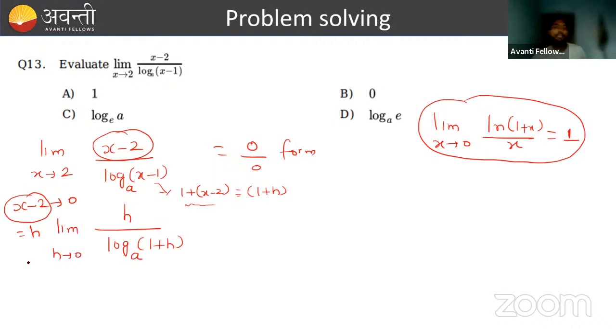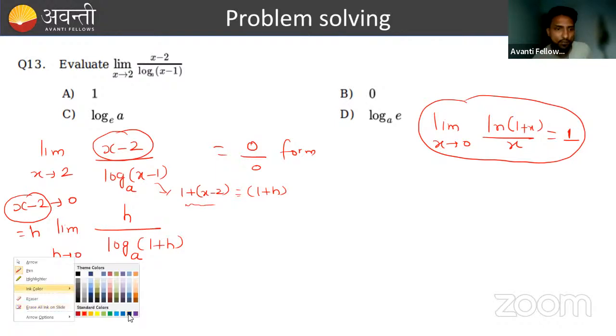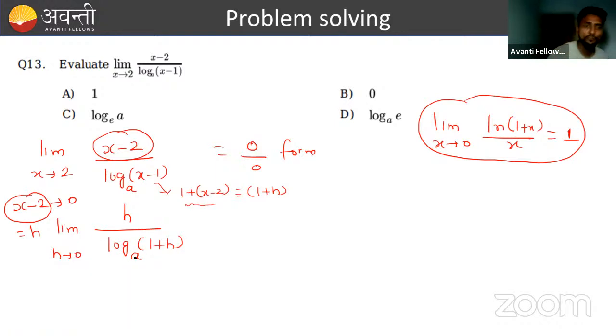So now we have got that form, but the problem is that in place of e, the base is a, right? So there is one more formula we have. We know the log property: if something is written as log x to the base a, and if we want to make the base e, what we can do is write it as log x to the base e divided by log a to the base e.